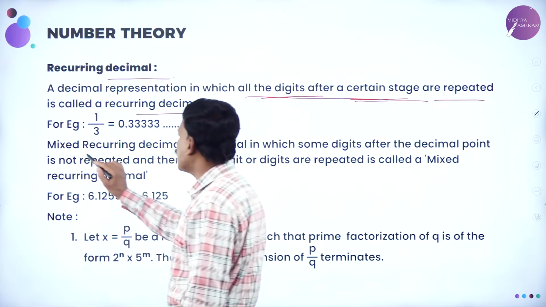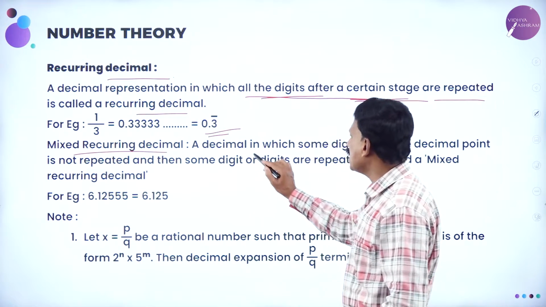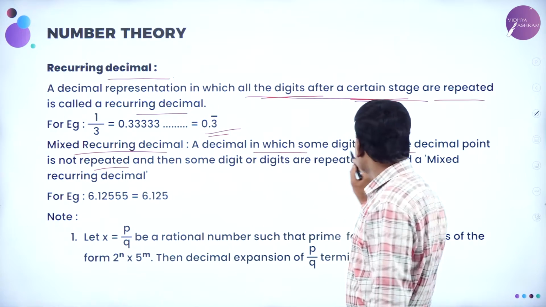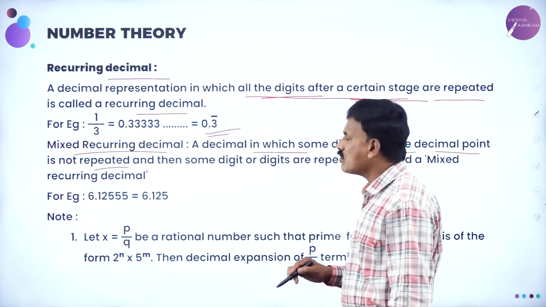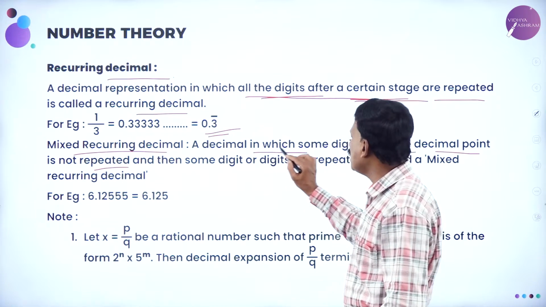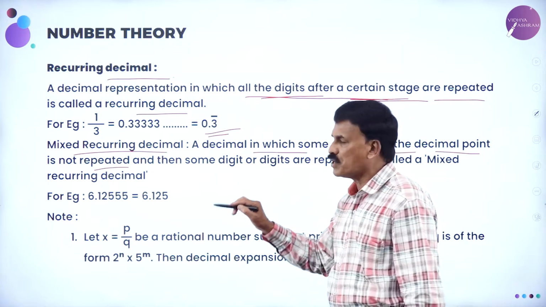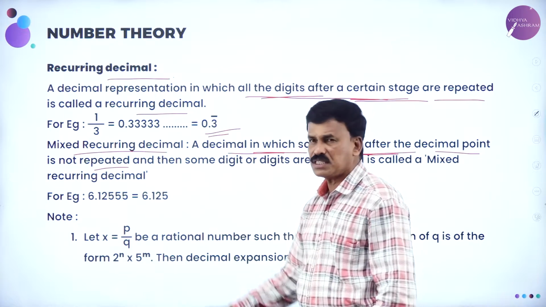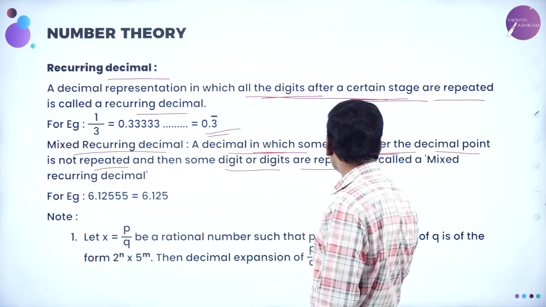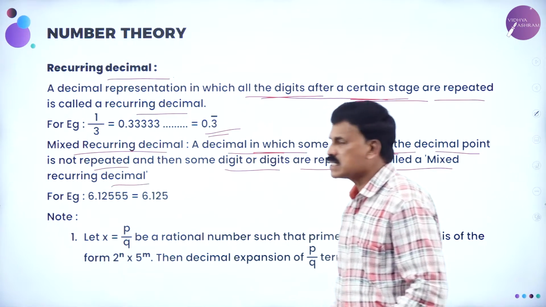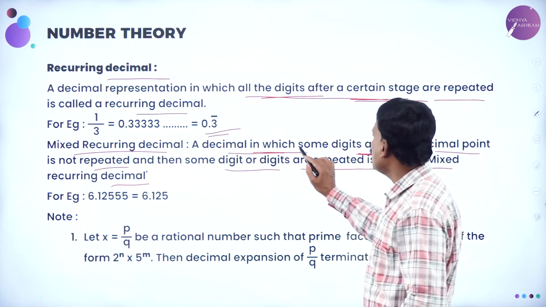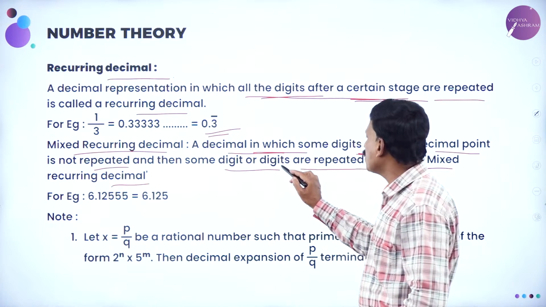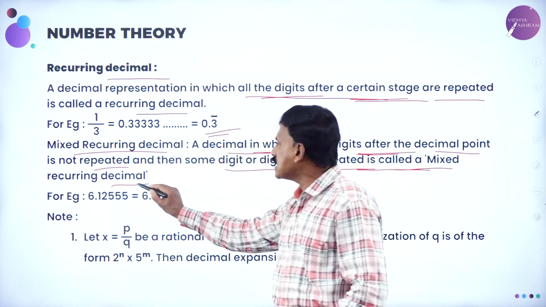Now, what is a mixed recurring decimal? A mixed recurring decimal means a decimal in which some digits after the decimal point are not repeated, and then some digits are repeated. Some of the values will not be repeated. A decimal in which some digits after the decimal point are not repeated and then some digits are repeated is called a mixed recurring decimal.